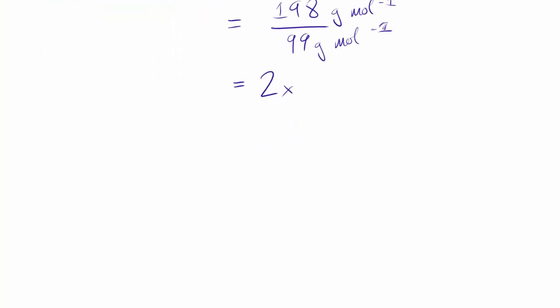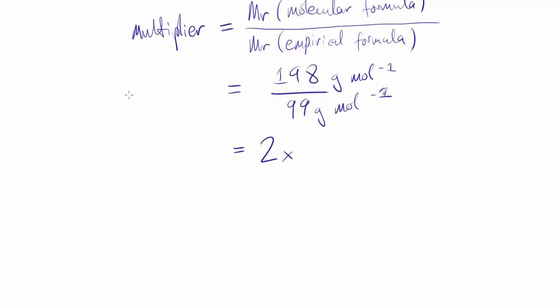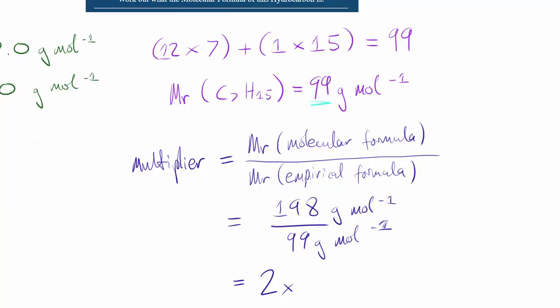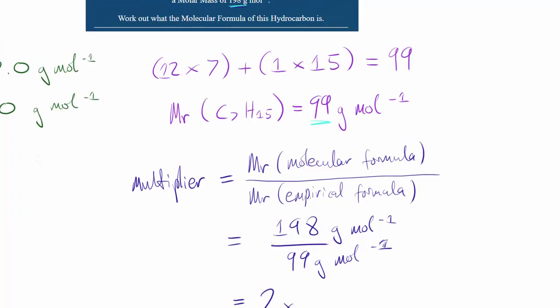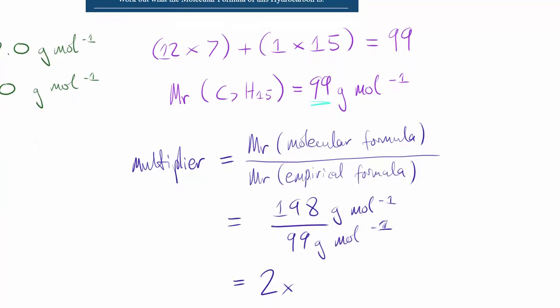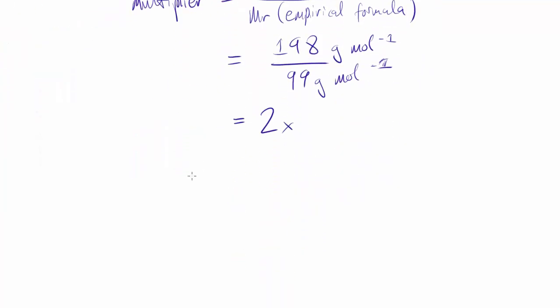If we now apply this multiplier to the formula, let's start with the carbon. We've got C₇. For carbon, we've got 7, and if we multiply it by the 2x multiplier, what do you get? Well, you get 14.